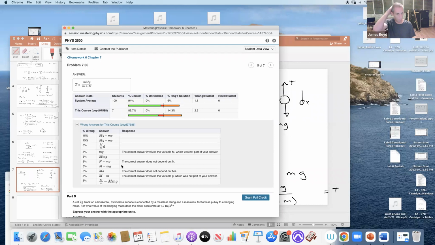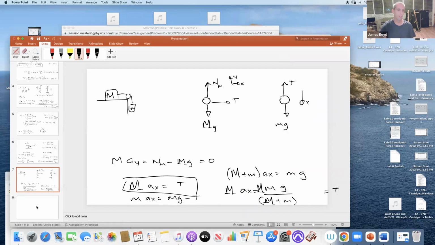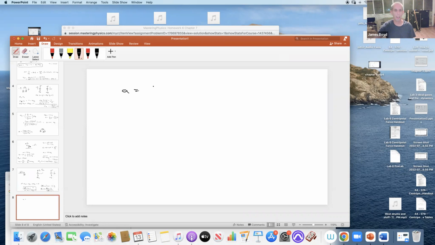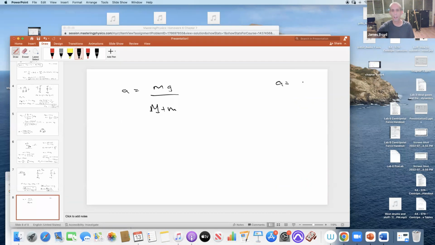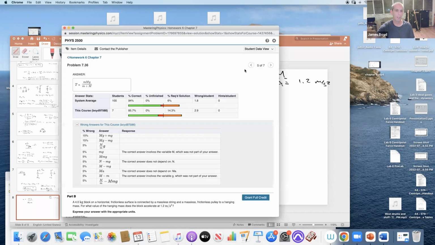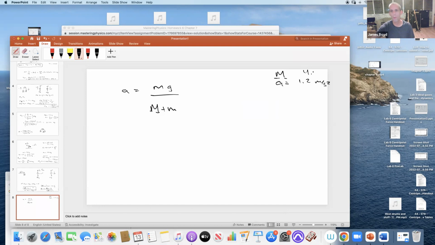Now, this part B is the same problem, but we're going to go back to, remember that our A was little mg over big M plus little m. And this problem says a 4 kilogram block is on the horizontal surface, connected by a massless string, and A is 1.2 meters per second squared. Big M was, for me, yours may be different, 4.0. And we want to find little m.